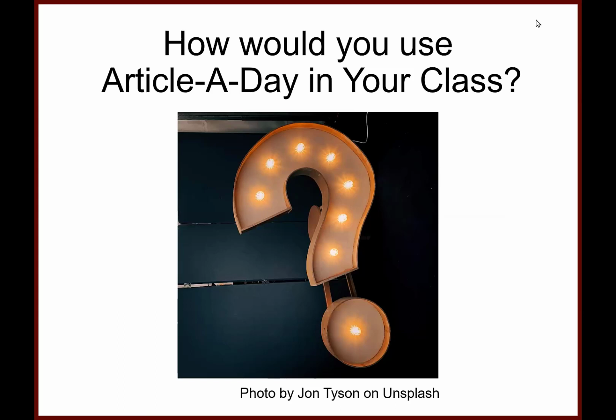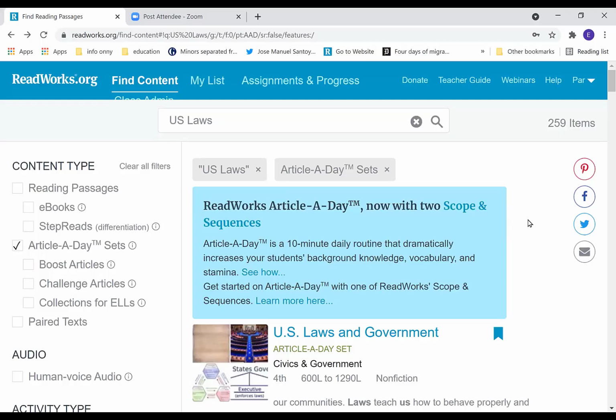I do want to go back and share with you about the new feature of scope and sequence. So let me go back to that. And when we go into the different filters, we can revisit that on article a day. So here is the scope and sequence.